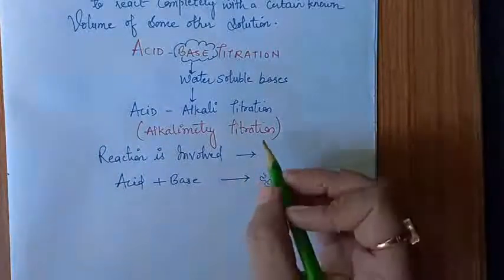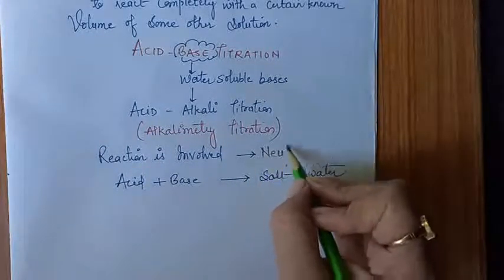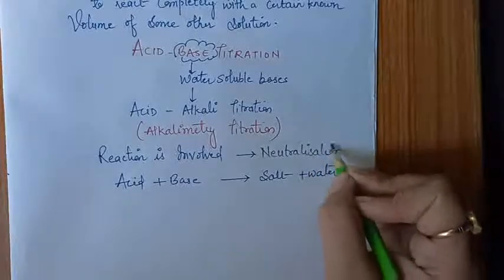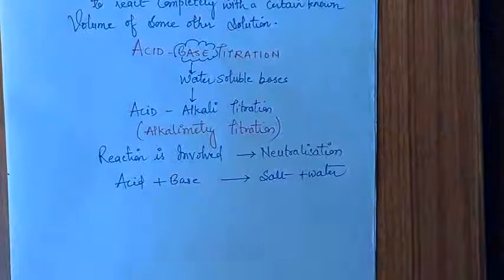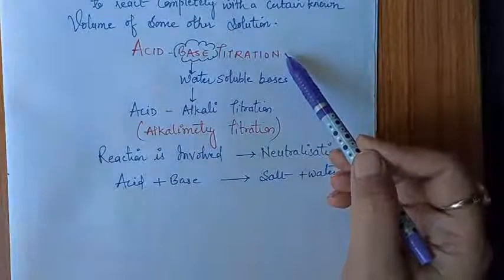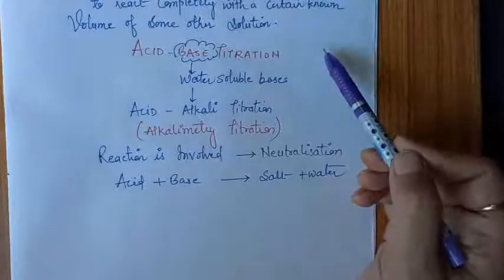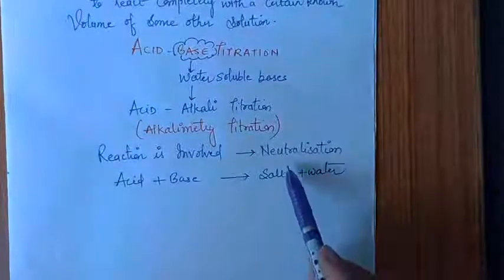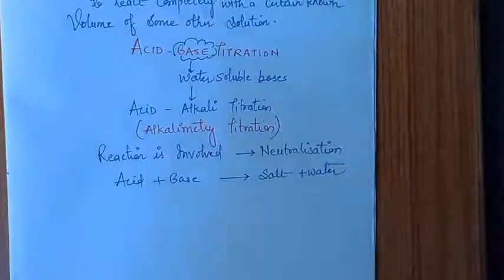So this reaction is a neutralization reaction. The reaction involved in this titration is neutralization reaction. At each and every step you can get a question for viva. Which kind of titration is this? It is acid base titration, also called alkalimetry titration, and the reaction involved is neutralization reaction.